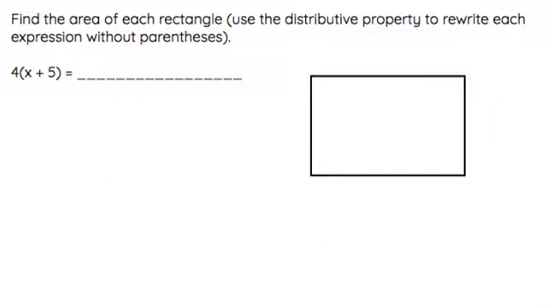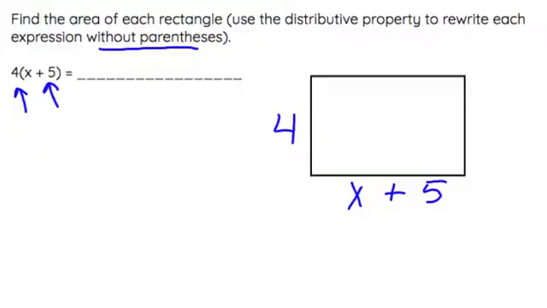So let's practice this again. It says find the area of each rectangle, which means use the distributive property to rewrite each expression without parentheses. So again, when you see this, think of this as the height, and that is the base, 4 times x plus 5. So the height is 4, the base is x plus 5.